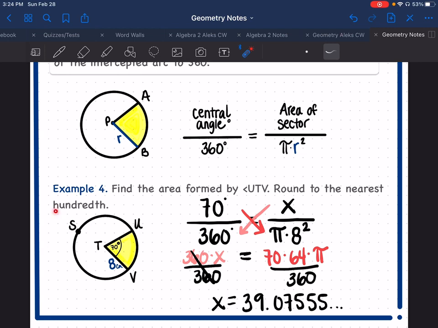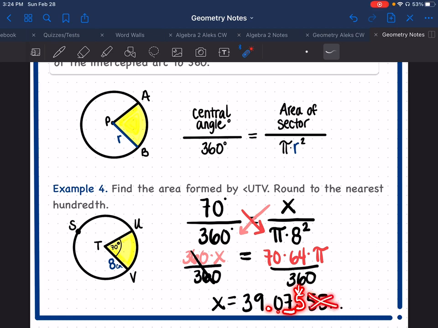Hundredth makes me think of 100. Remember, the decimal goes between the 1 and the very first zero, which means we want two numbers after the decimal. So we find the decimal, we count 1, 2. This is the number that's going to decide should it stay 7 or should it become 8.